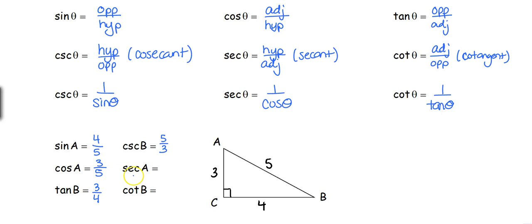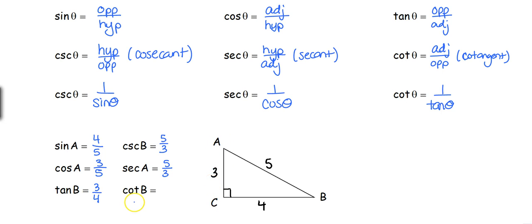Then we want secant of A, and secant is going to be hypotenuse over adjacent. So we've got 5 on top again, that's our hypotenuse. The side adjacent to A is 3. So the cosecant of B and the secant of A happen to be the same ratio, because opposite of B is 3 and adjacent to A is 3.